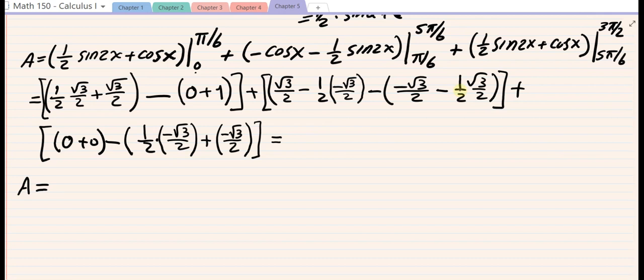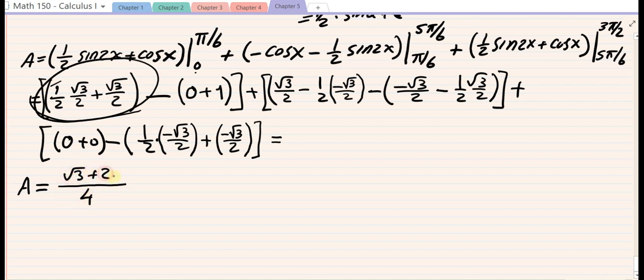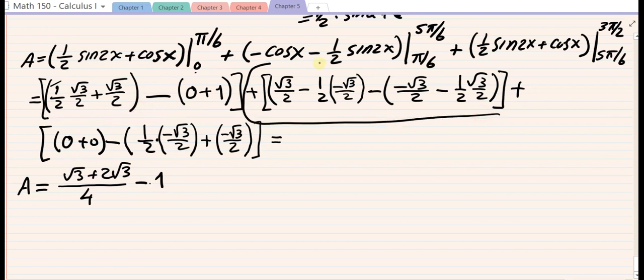So let me now simplify this one. I'm working on the first set here. So when I simplify that one, the LCD is 4. So that's going to be root 3 plus 2 root 3, right? Minus 1. The term next to it, negative 1. This one. And moving to the middle part, this part.